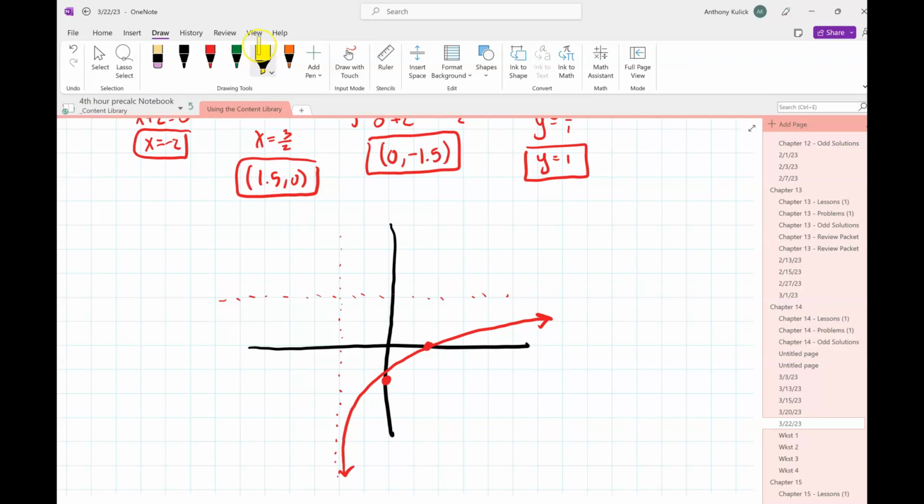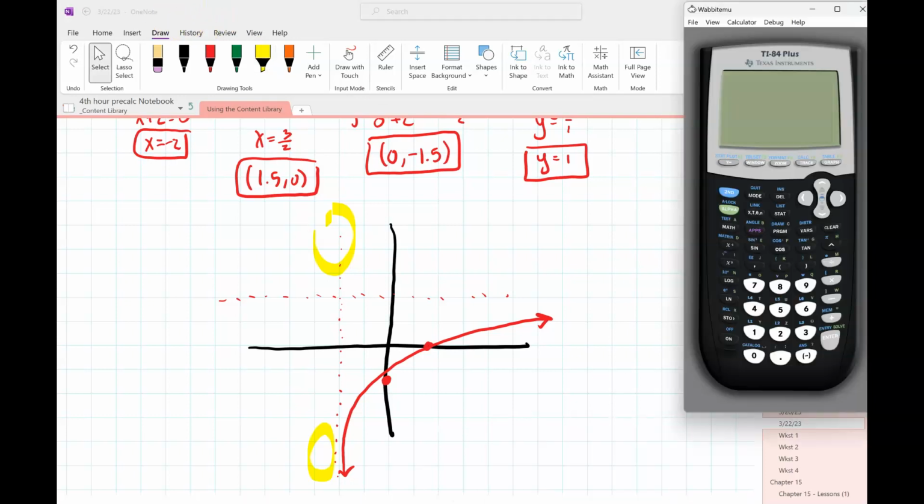What I need to figure out now is whether the other arm of my graph starts pointing up or pointing down. So I'll do that numerically. I'm going to type my equation into my calculator and look at some values of y that are less than -2 but getting progressively closer to -2.